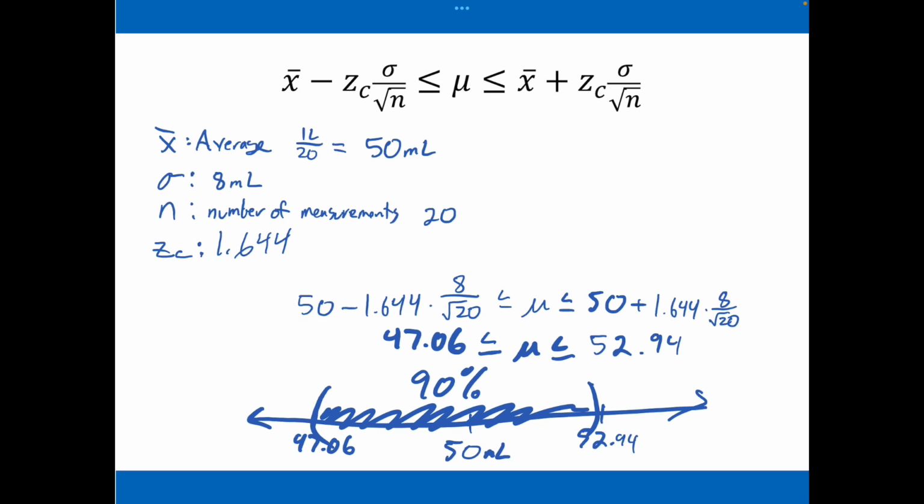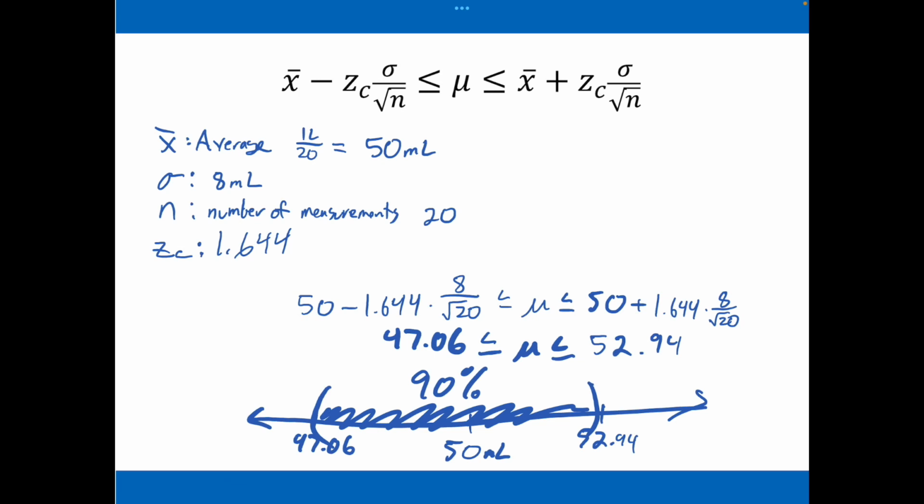And notice this is a really good response because it gives them an estimate, a range of values that estimate is going to fall within, and a percent that I'm confident with. I'm not guaranteed to have my value within this range because there is a 10% chance that my range is either too high or too low and the actual average falls outside of it. But for most practical purposes, and especially for measuring volumes of an egg, 90% confidence is sufficient.